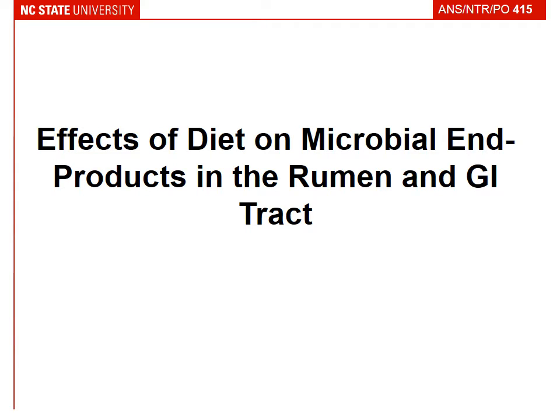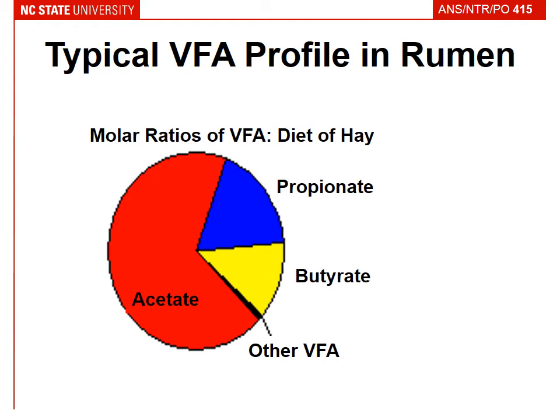So, what are the effects of diet and microbial end products in the rumen and the GI tract? We have a typical volatile fatty acid profile that occurs within the rumen. When you feed cattle, sheep, goats, any ruminants, the diet that they adapted and evolved to eat, mainly grasses, hay, etc., they're going to have this very prominent typical profile.